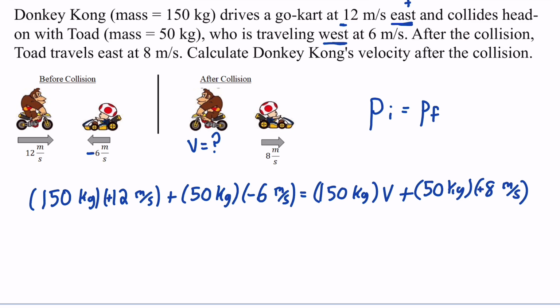And then Toad's initial velocity was to the west, so that's negative. And then when I solve for v, I get that Donkey Kong's final velocity here is going to be positive, and then it's 7 1/3, so I'll write 7.3 meters per second. And that velocity is to the east, which was defined as positive, so I'll say Donkey Kong's final velocity is positive 7.3 meters per second eastward.